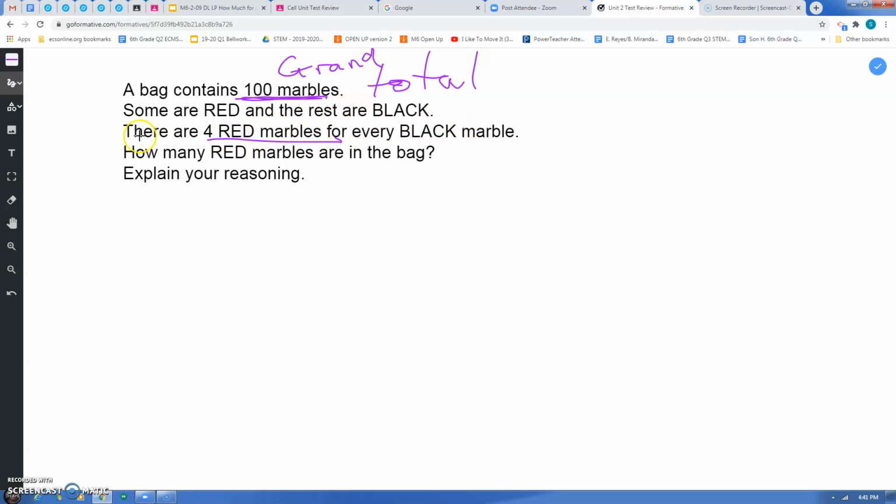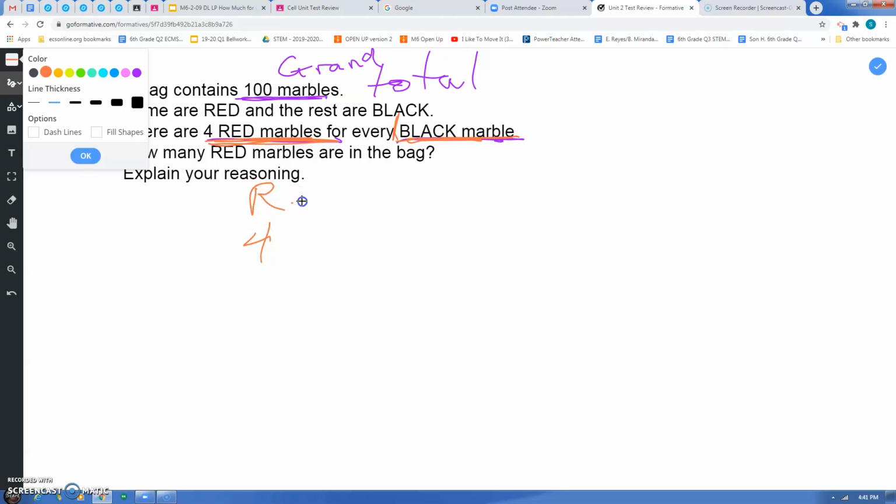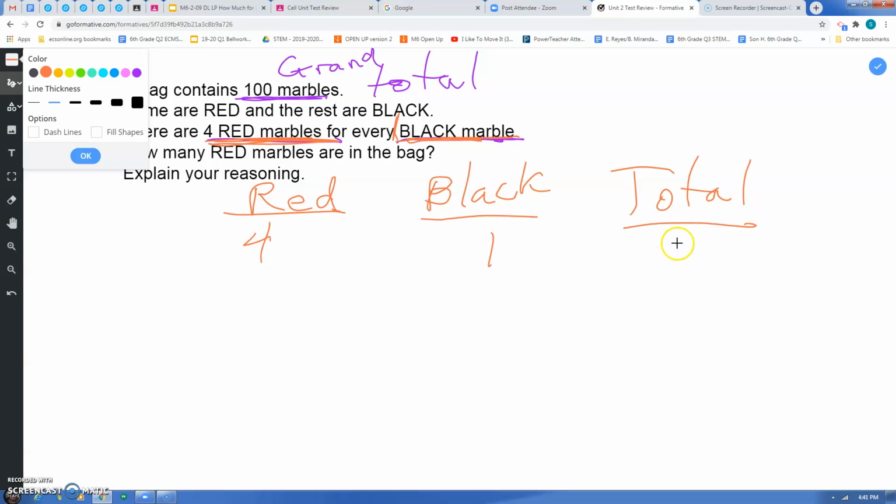So there are 4 red marbles for every 1 black marble. So let's write that down. Make a table. 4 red, black is 1. Total is 5, because you add these two, it equals 5.